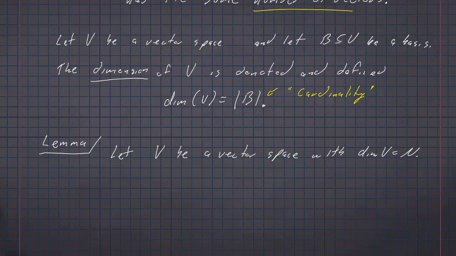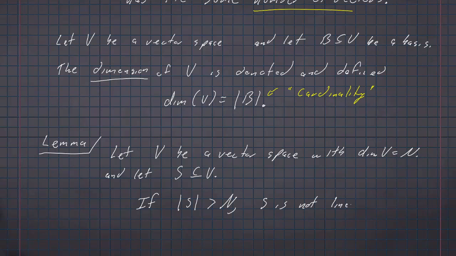Let's let V be a vector space with the dimension of V equal to n, and let S be a subset of V. If the cardinality of S is greater than n, then S is not linearly independent.